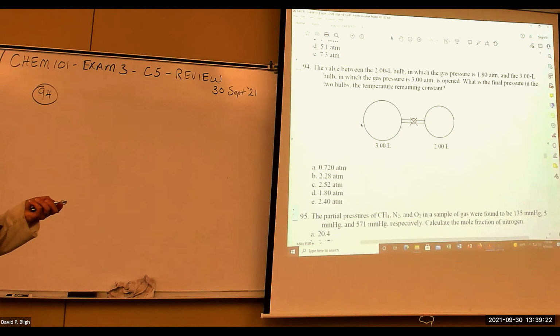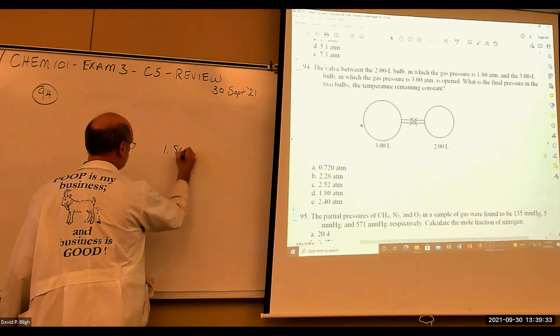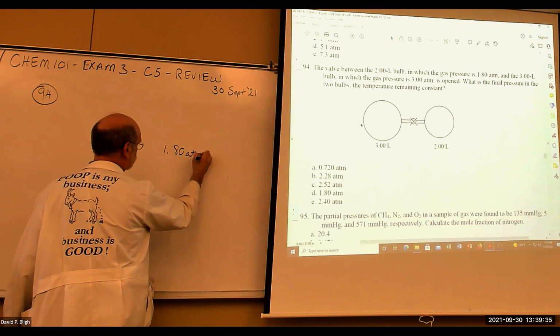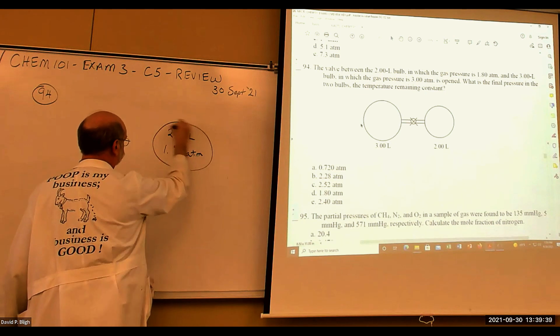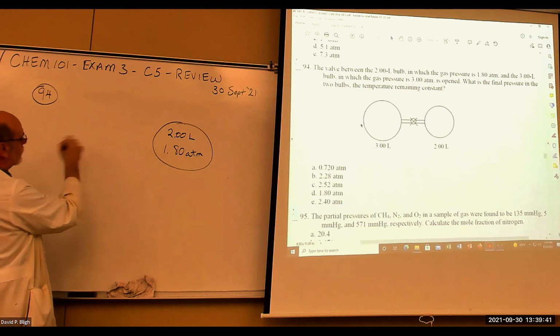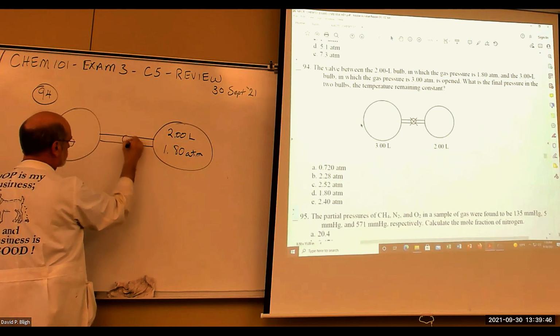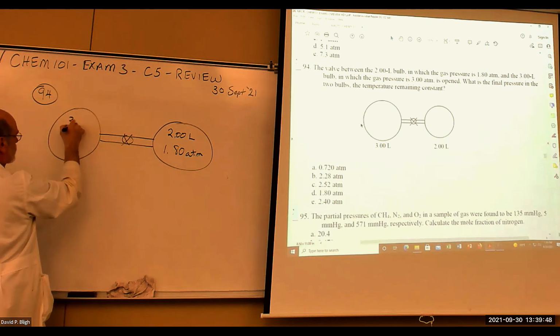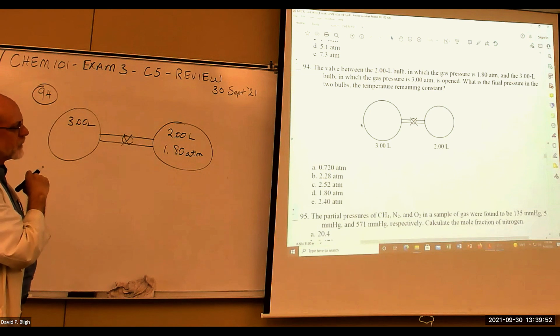The 2 liter one is 1.80 atmospheres, and the 3 liter one, connected with a valve, is 3 atmospheres.